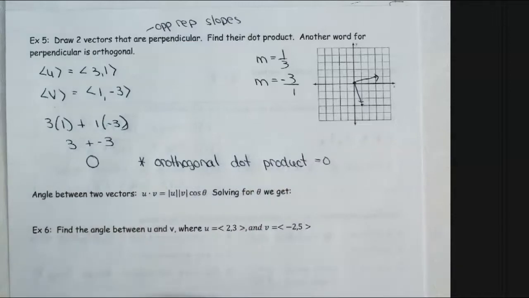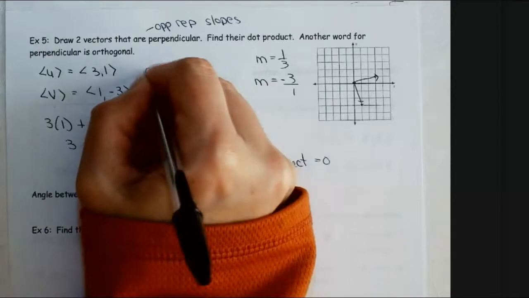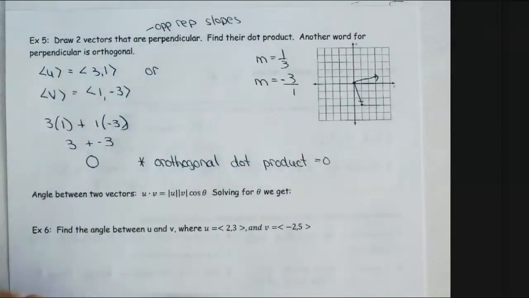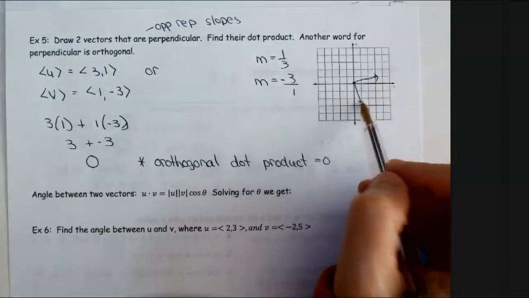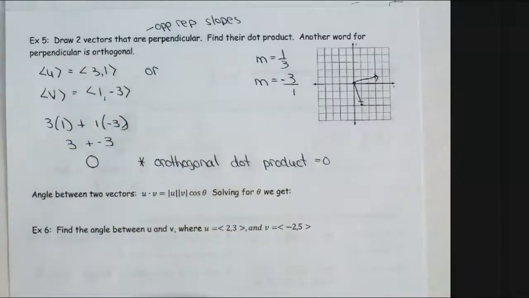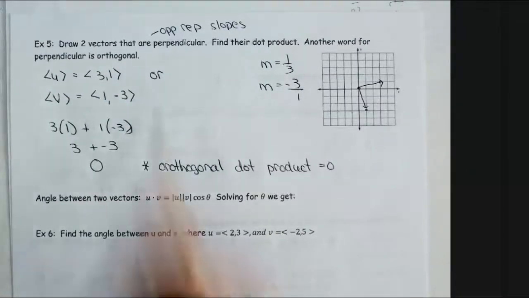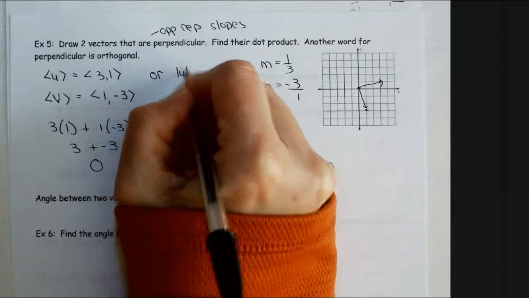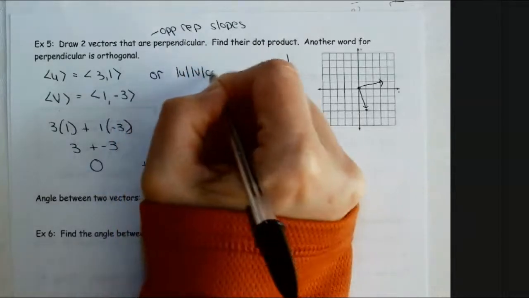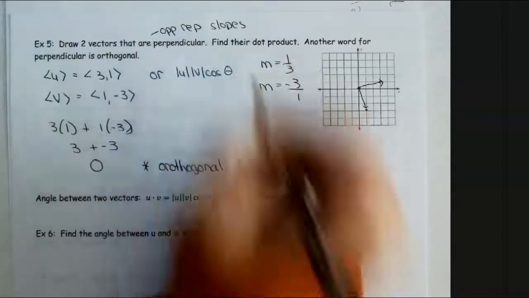And let's also use that other formula as well. It's the magnitude of this one times the magnitude of this one. So if we look at the other formula, it was the magnitude of u, magnitude of v times the cosine of the angle in between.